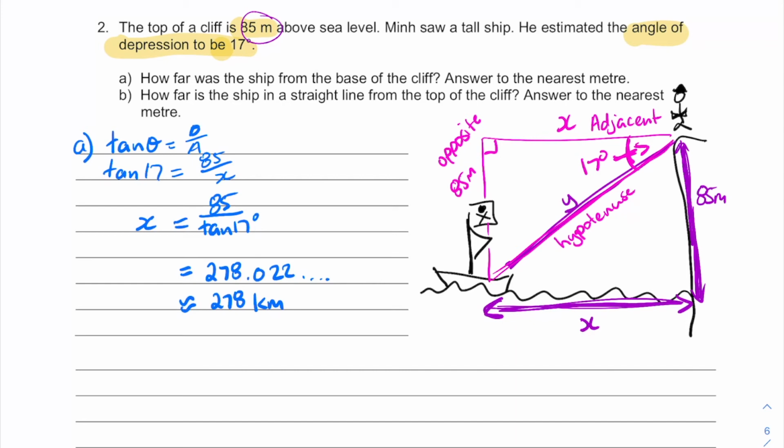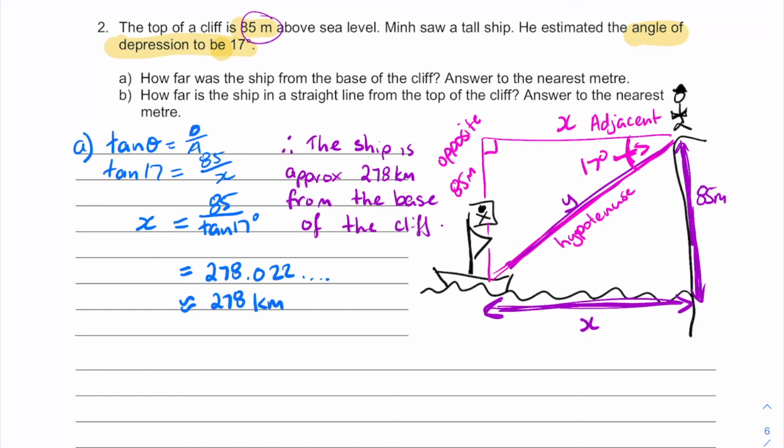Okay, so now our sentence for this one is the ship is approximately 278 kilometers from the base of the cliff. Alright, so there's our sentence to finish off that particular problem.